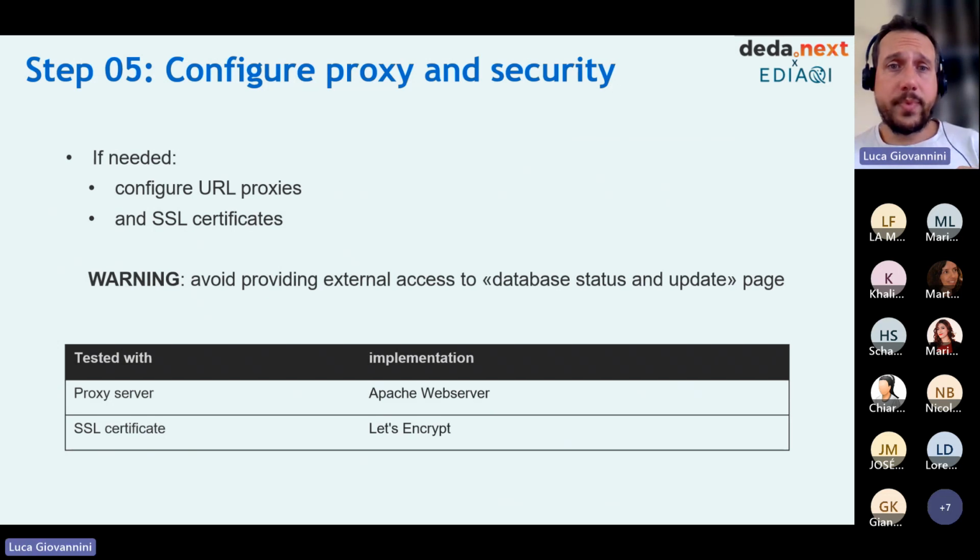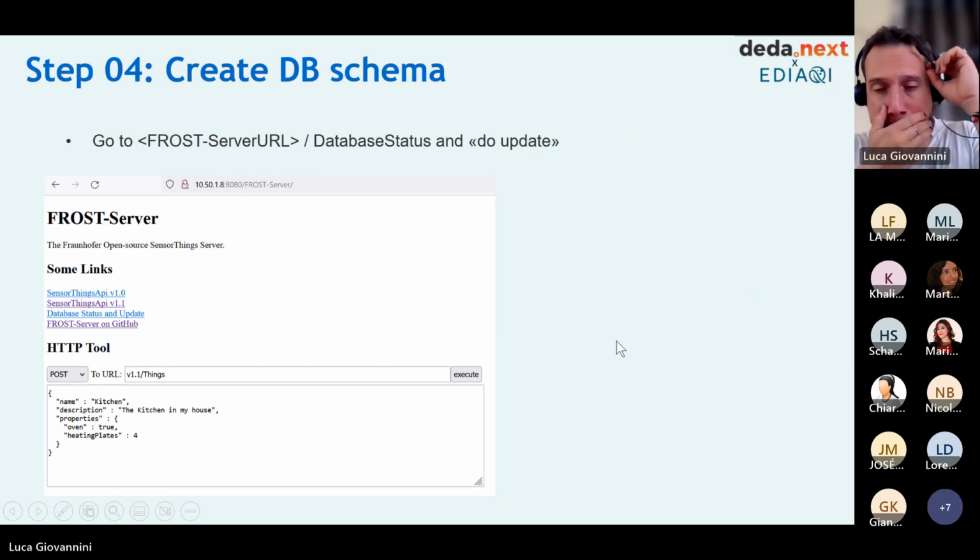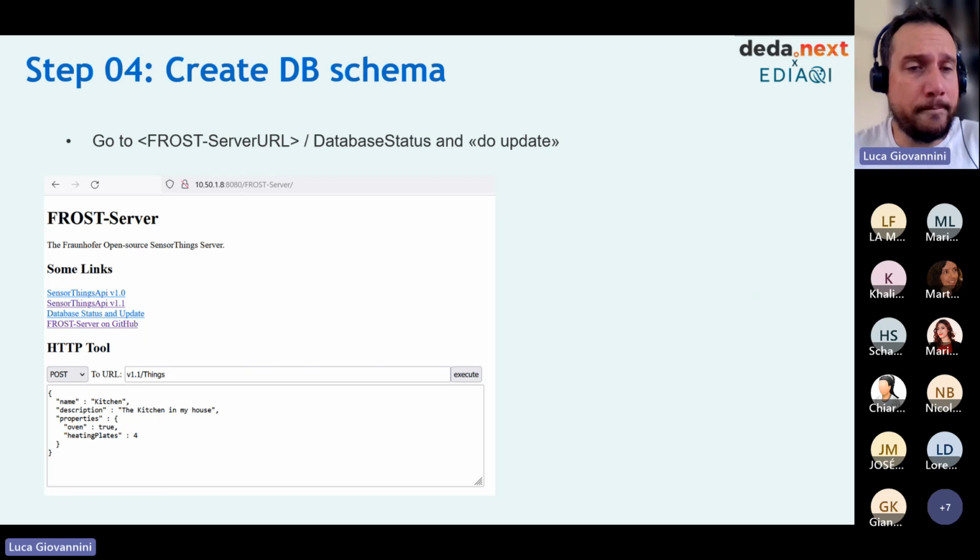Again, when you expose the endpoint, pay attention not to also expose access to this page here, the database status and update, because that would allow access from outside to the functionality that can recreate, erase and truncate your database. So be careful to expose just the two endpoints.